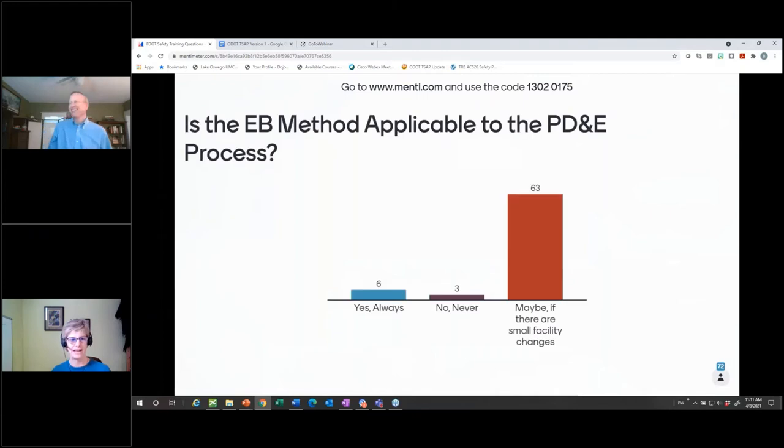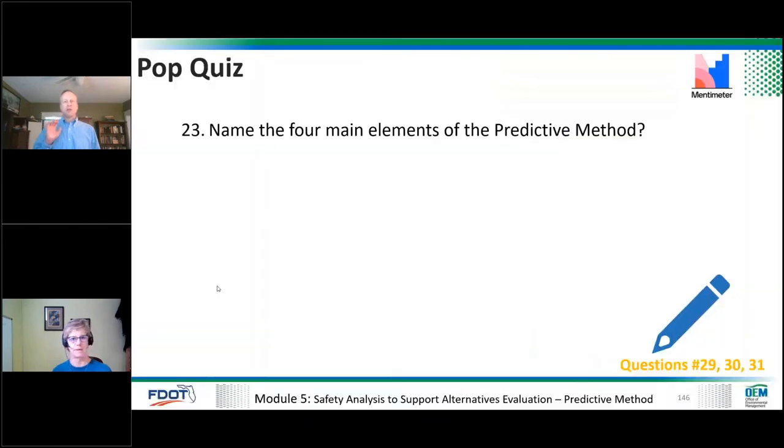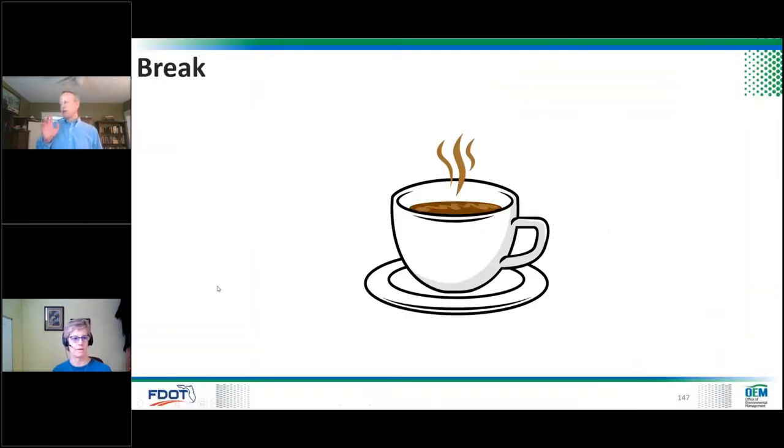Okay, and that is it for Mentimeter right now. So I think that takes us to a break, which means I need to get my slide back up. Before we go on break, when we come back, we're going to start with case study number 4, and then roll right into case study number 5.